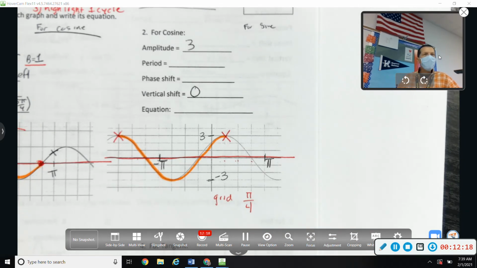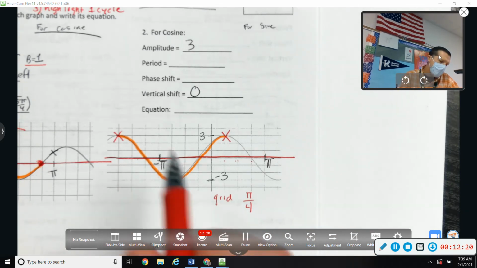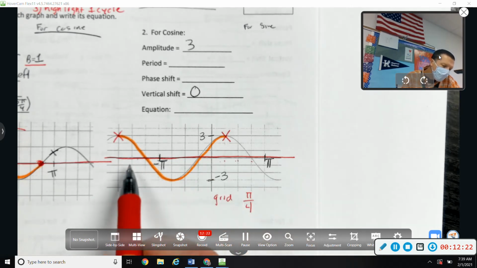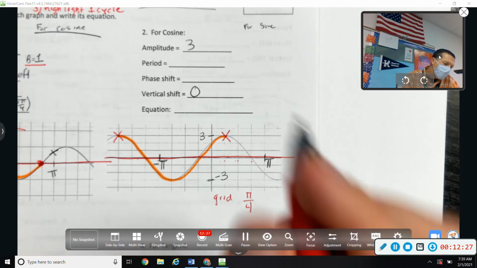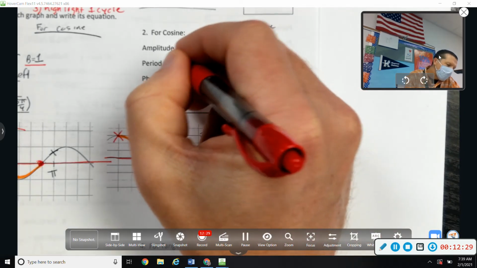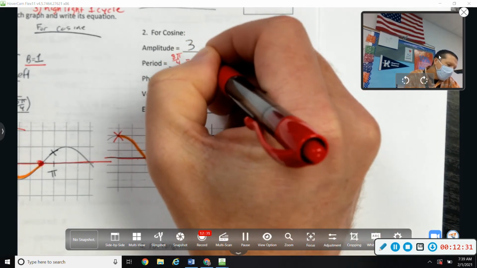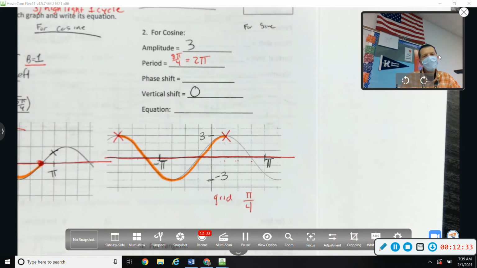So each tick mark is worth pi over 4. So from peak to peak, 1, 2, 3, 4, 5, 6, 7, 8. 8 pi over 4, also known as 2 pi. That's probably our favorite period because then we don't have to mess around with b.